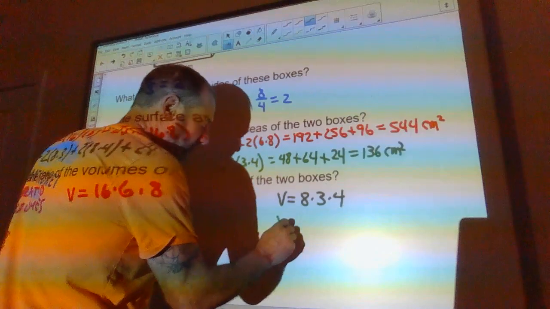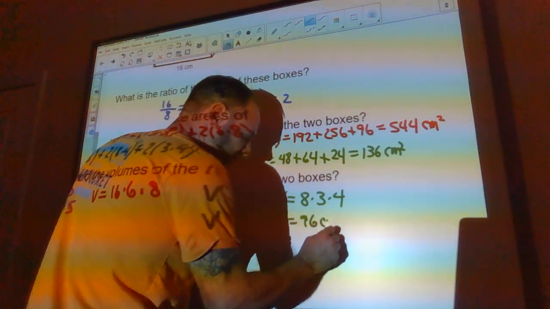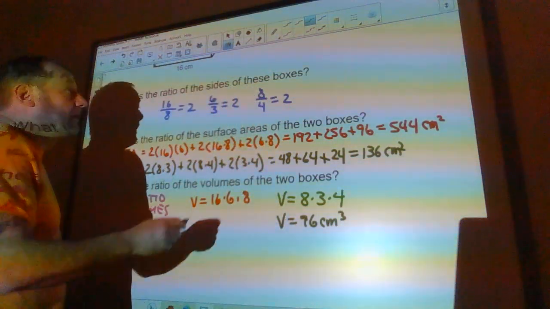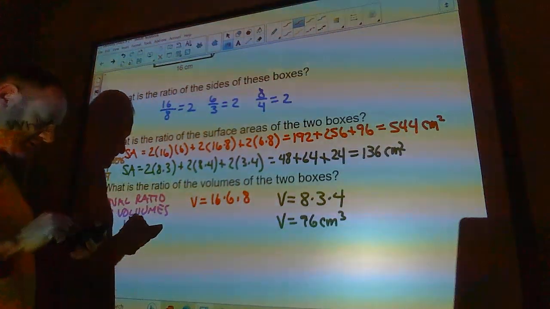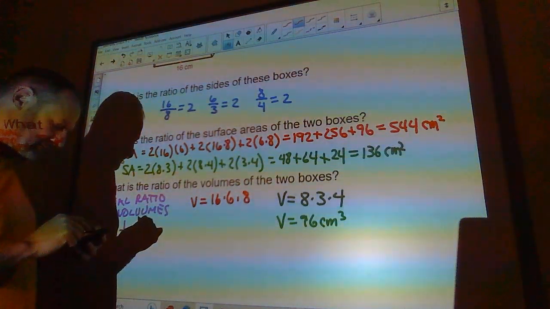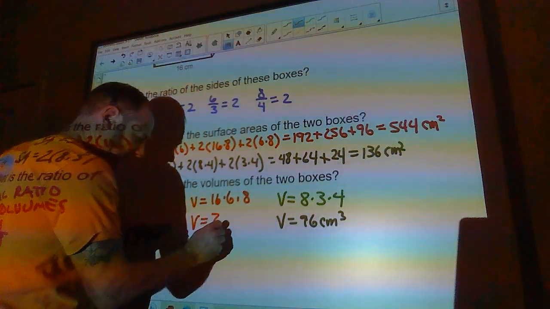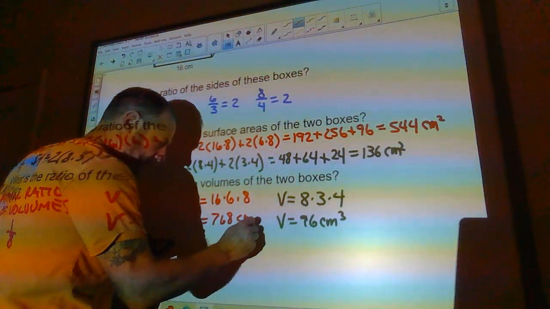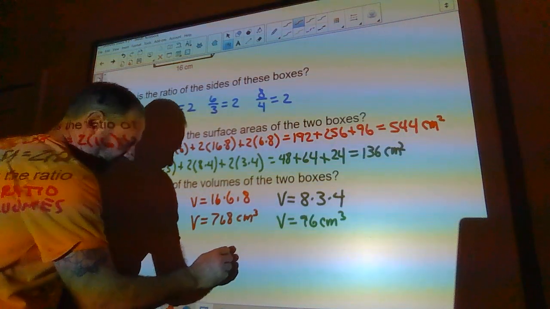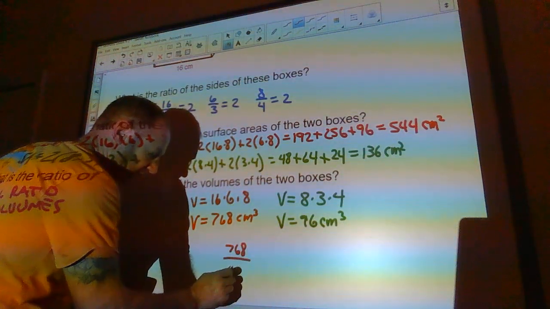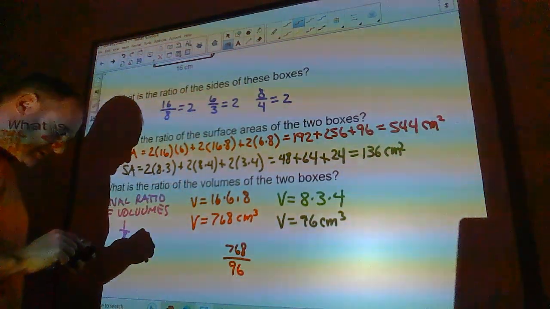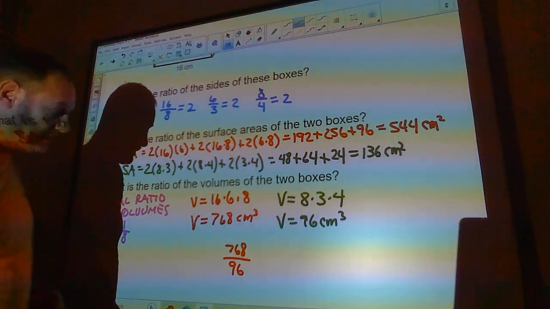This one has a volume of 96 cubic centimeters. And the other one, the bigger box, is 16 times 6 times 8. That's going to be 768 cubic centimeters. And if I take 768 and I divide that by 96, I get 8.